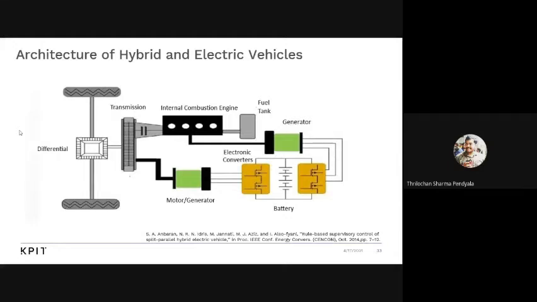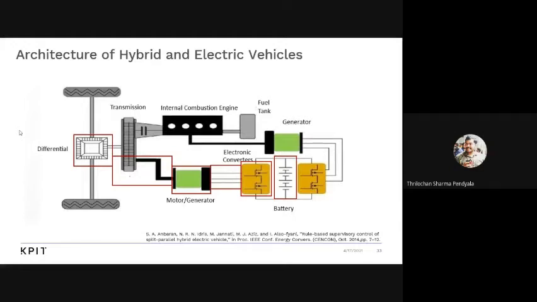In the scenario where you have to overtake on a highway, then again we will switch to a combination of both, or we will switch completely towards our IC engine operation. Now, the highlighted boxes, as you can see, are the generic components of an electric vehicle, starting from battery until the differential. The flow would be the same, except for the absence of our internal combustion engine, fuel tank, and the generator.